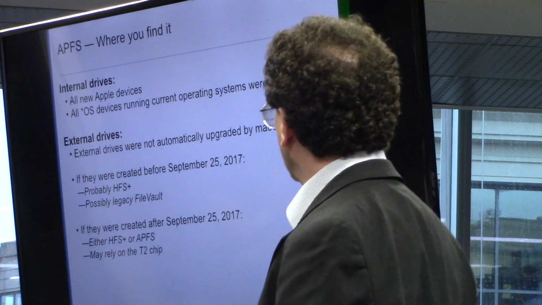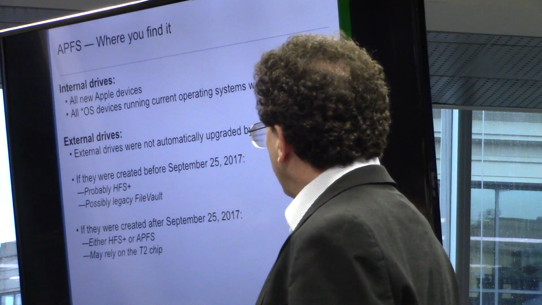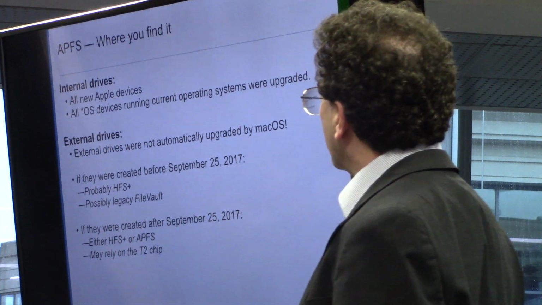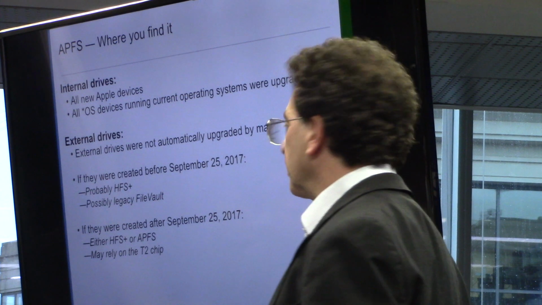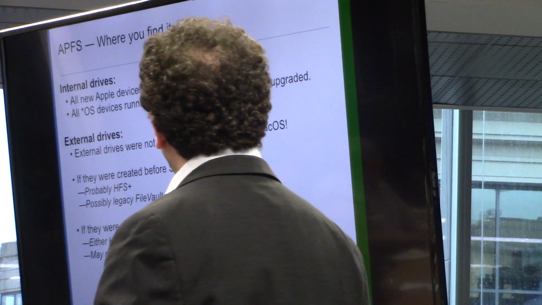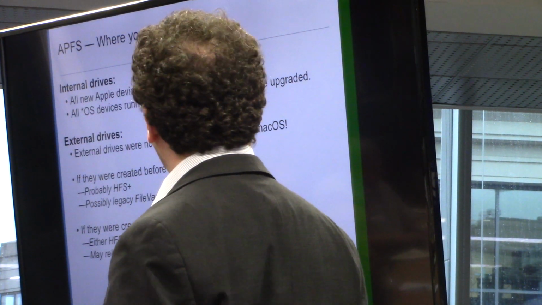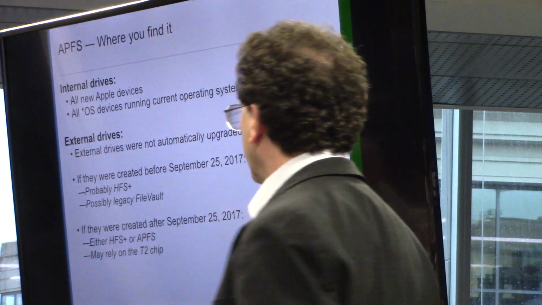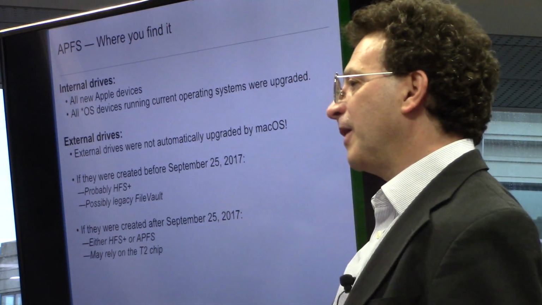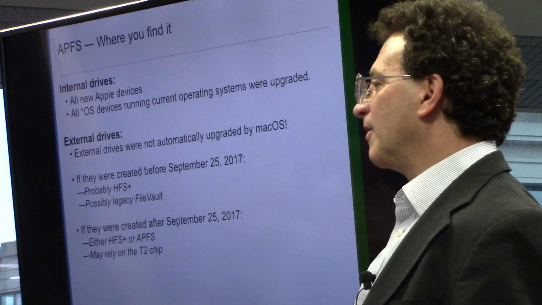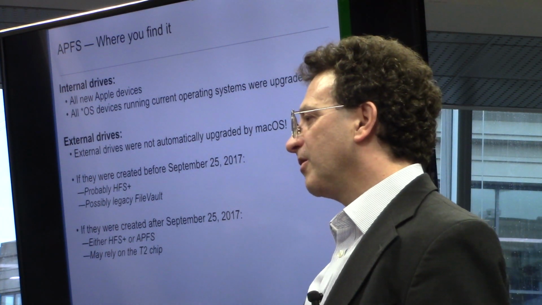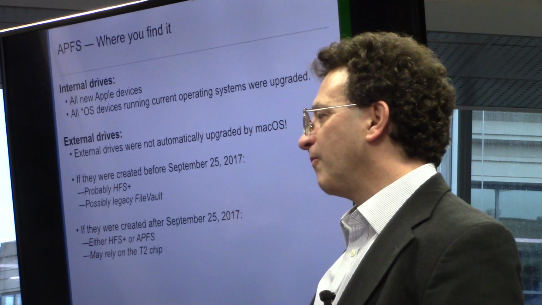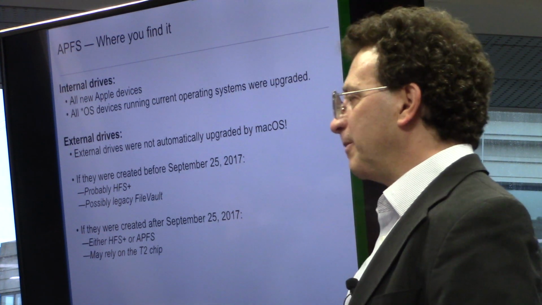So where do you find this APFS thing? All new Apple devices have it by default, the iPhones and the desktops. All macOS and iOS devices running the current operating system were transparently upgraded in the field. A few years ago, Apple shipped a new phone release, and they turned everybody's phone file system from HFS Plus to APFS.